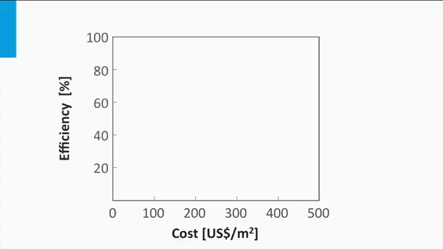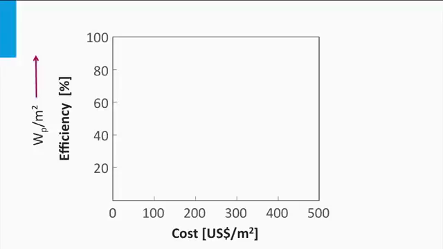The conversion efficiency is the fraction of the energy in the solar light which is converted into electricity, which is represented by the vertical axis. The efficiency scales with the energy yield of the solar cell. The larger the efficiency, the larger the generated power per area will be. This power is expressed in watts per square meter.